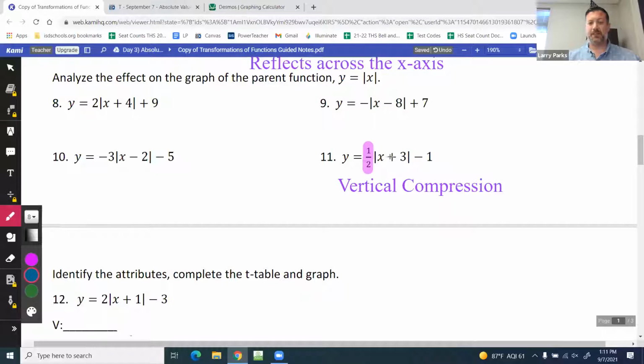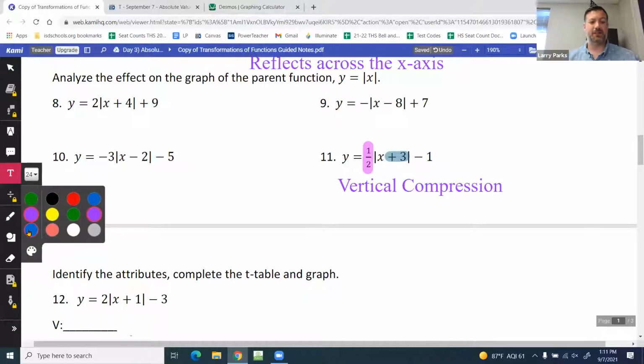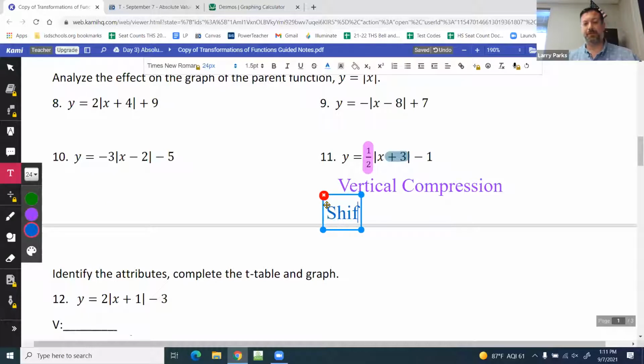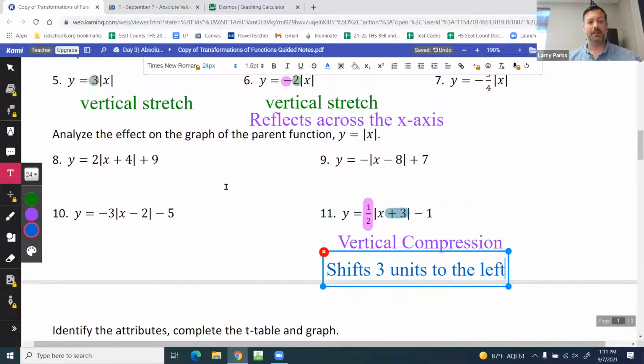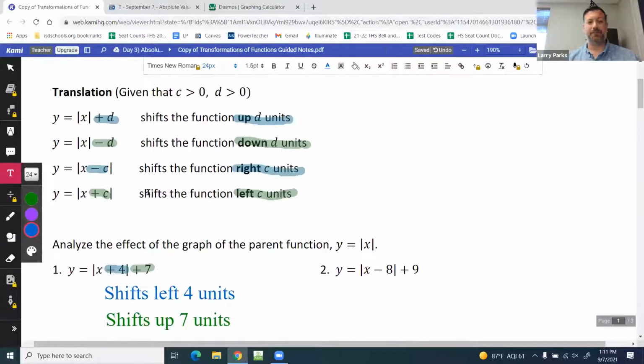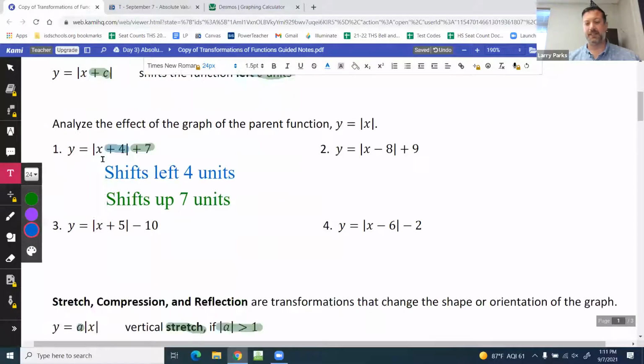Now, what does the +3 do? You may remember, if it's inside the absolute value, whatever this is, it does the opposite. So this is going to shift it, or you can use the word translate, 3 units to the left. If you had forgotten, if you go up here, you see if it's a plus, it moves it to the left if it's inside.